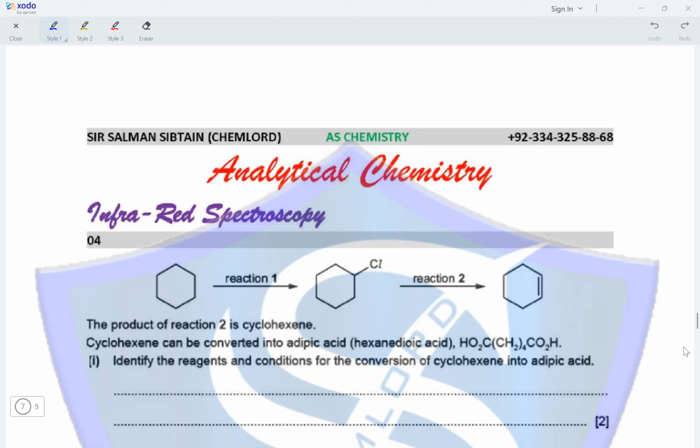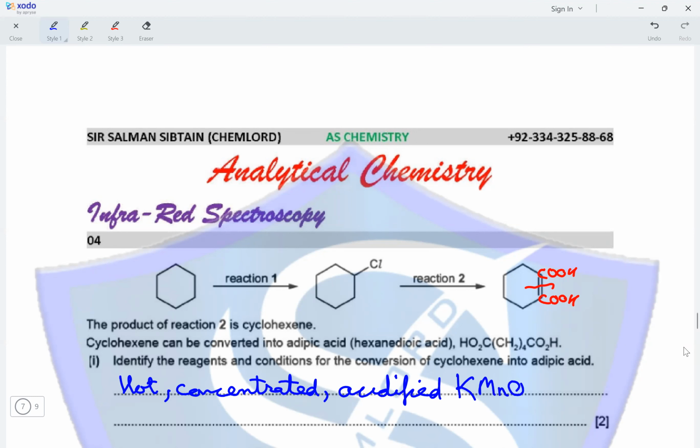So we need to break this bond, and on each of the carbon atoms, we need to place C double bond OH, which means what we need is hot, concentrated, acidified KMnO4 to bring about the oxidation of the cycloalkene to form a dioic acid.